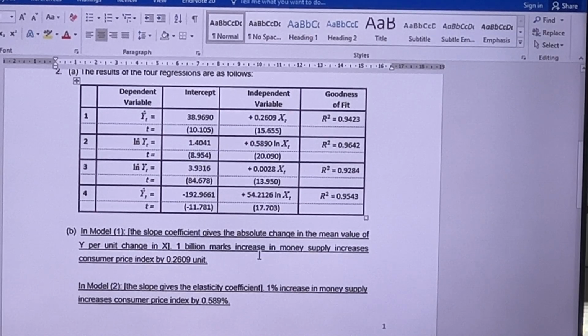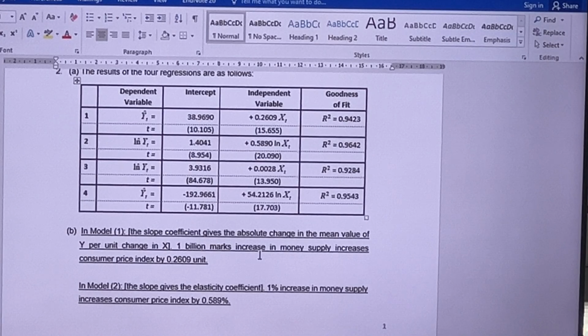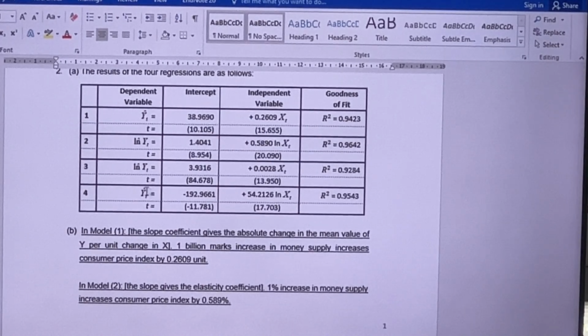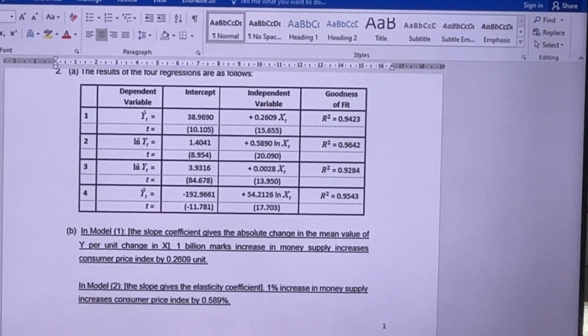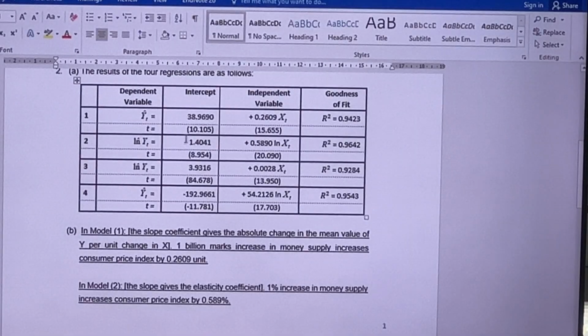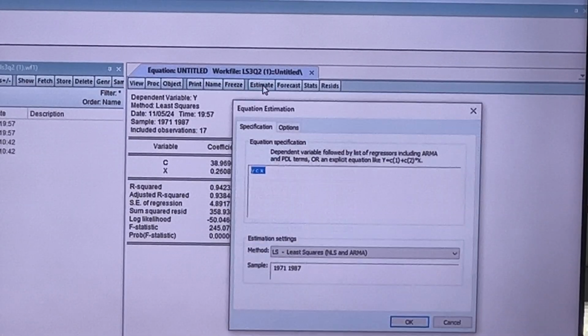Model 2. Double log model. So double log model, just now 38. So double log model, you re-estimate, you put log of y.